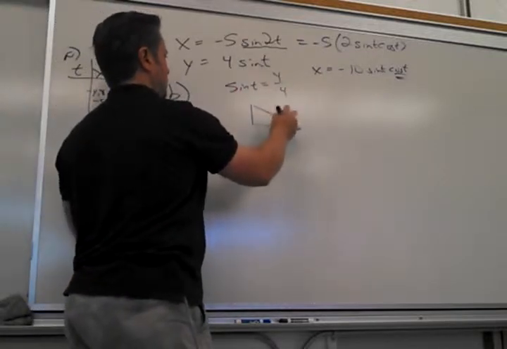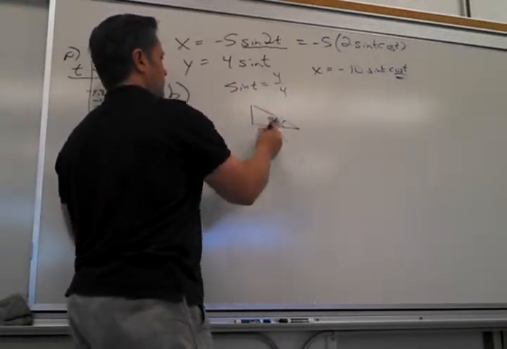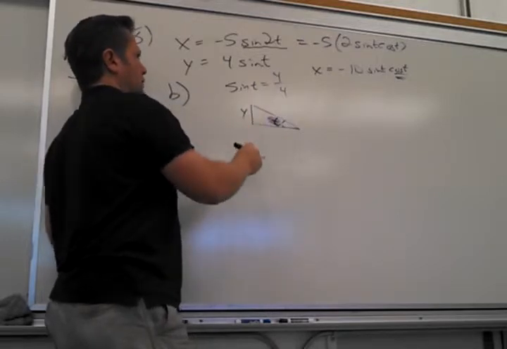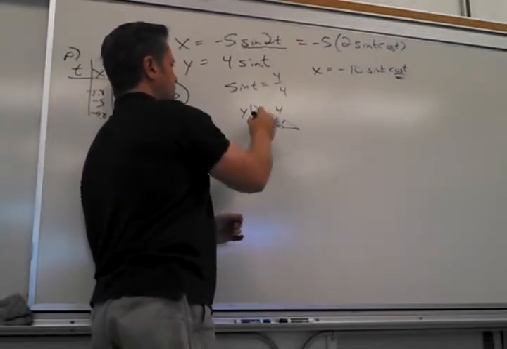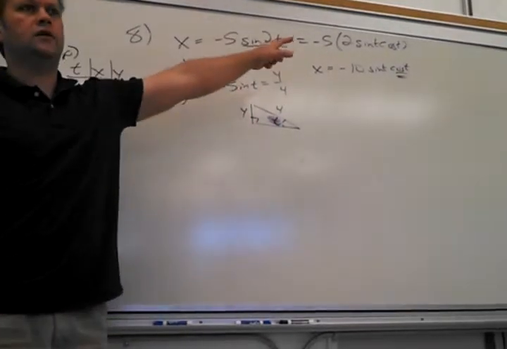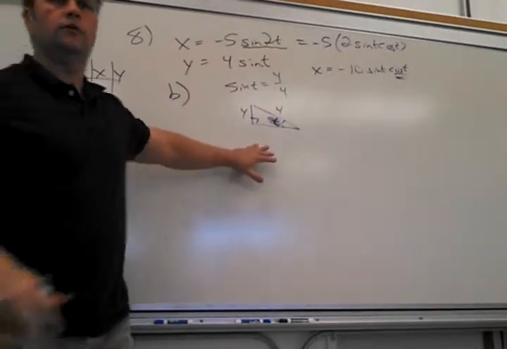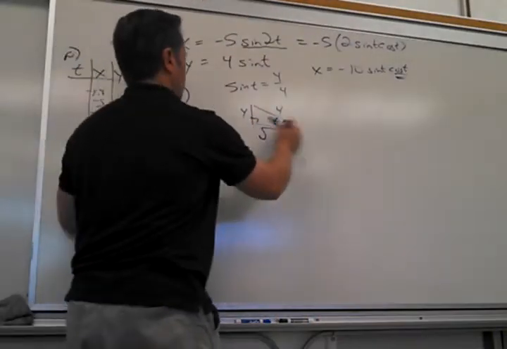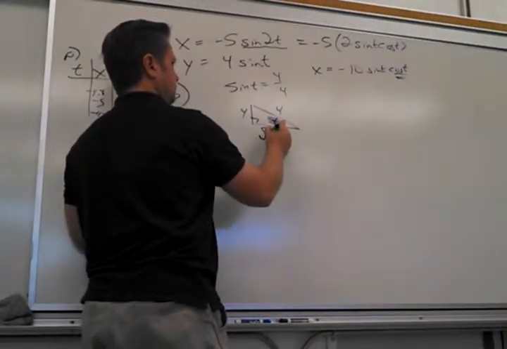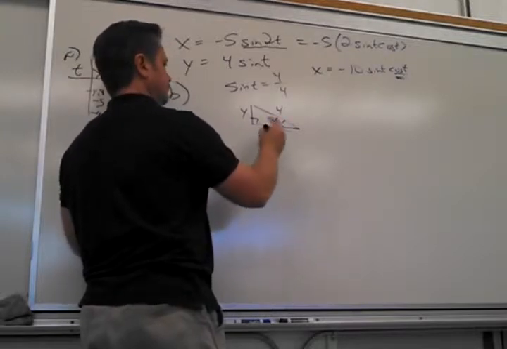So if this is the angle I'm talking about, t, y is where it should be, and the hypotenuse is 4. And of course for cosine I need the x side. What would that be here? y squared minus 16.